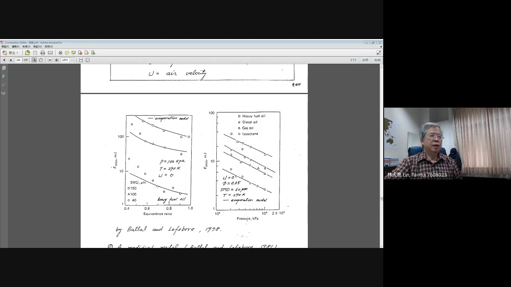But let's look at the experimental result and a comparison with theory, and find out what is the discrepancy between them. The left-hand side represents the required minimal ignition energy, which depends on the equilibrium ratio and also the droplet size. Here you can see different Sauter mean diameters of droplet size for the sprays.